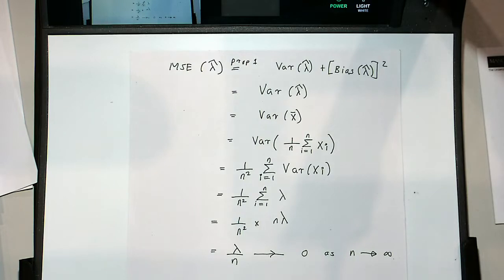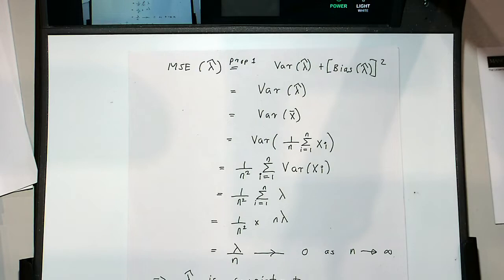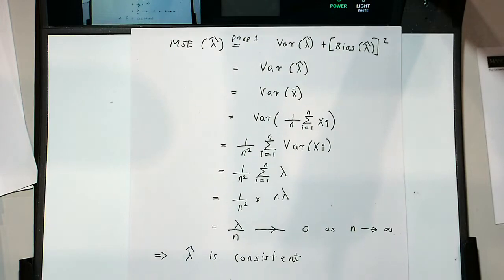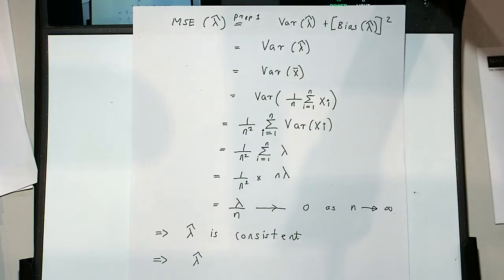So what this implies is that lambda hat is consistent, which is once again a good property. You would expect a good estimator to be consistent and unbiased. And in fact, in this example, lambda hat is unbiased and consistent.